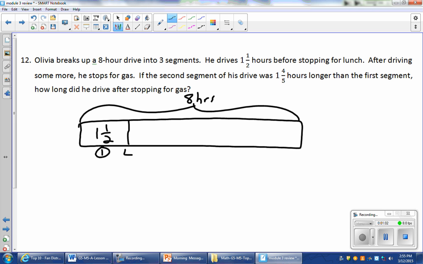After driving some more, so now you're going to drive some more. We don't know how much more, but we're going to drive some more. Stops for gas. So somewhere along the line down here, we're going to stop for gas.